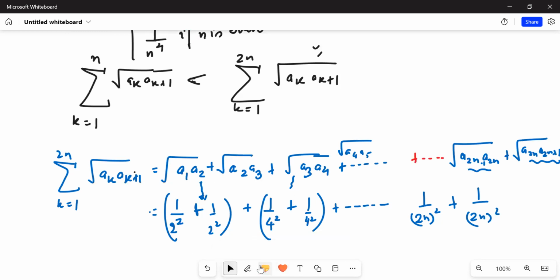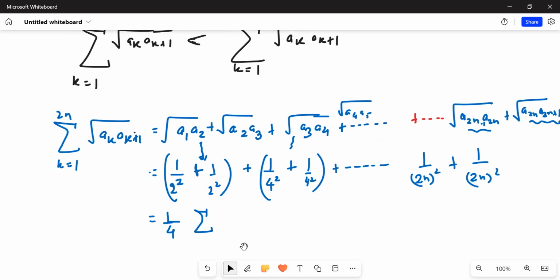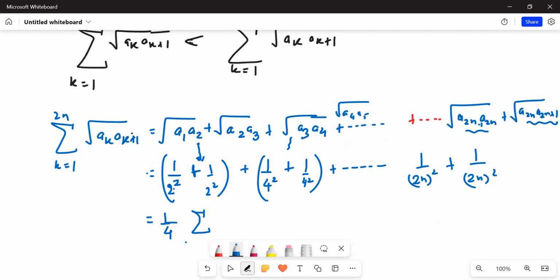So clearly this particular thing, if I take 1 upon 2 square common, this is 1 upon 4. What will the first bracket be equal to? Just think about it. Okay, so I'll have to take, so this is 2, I think.